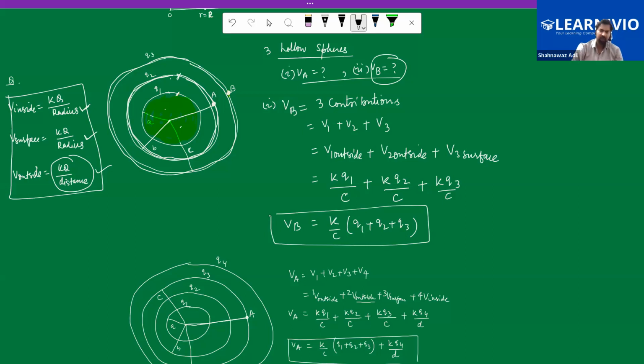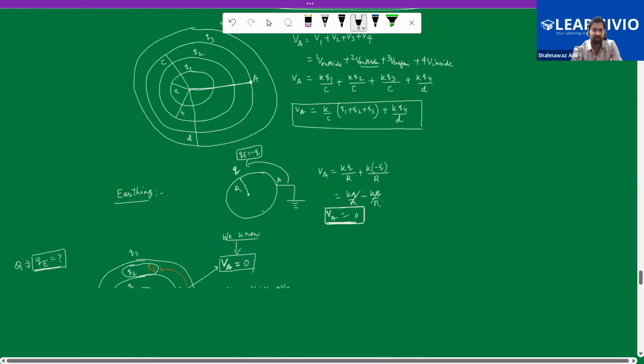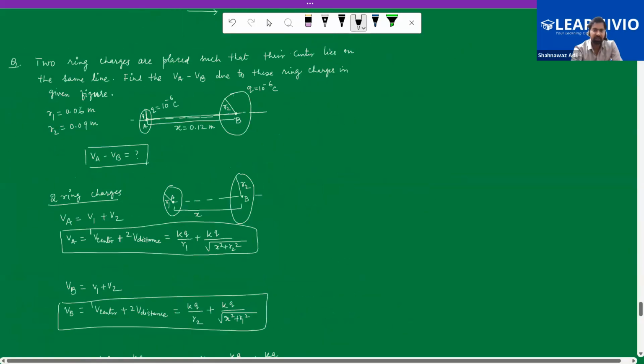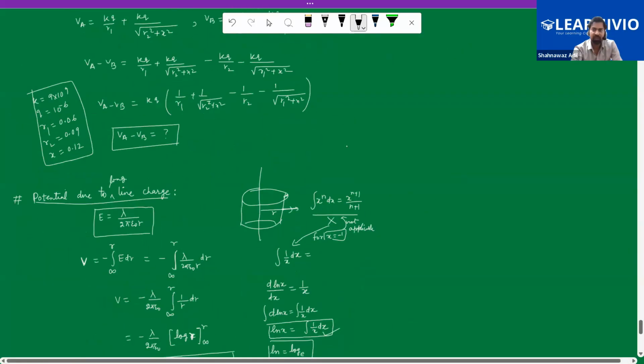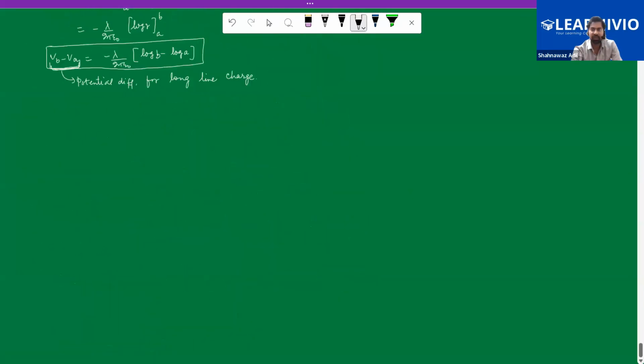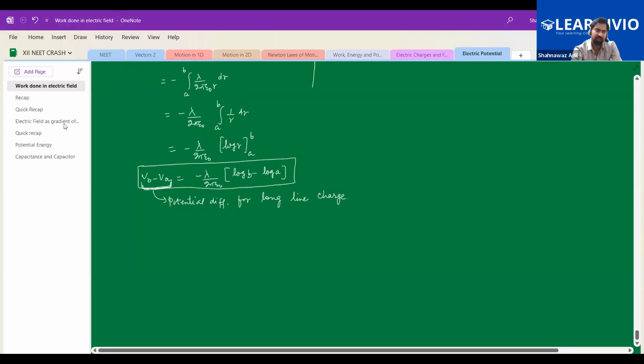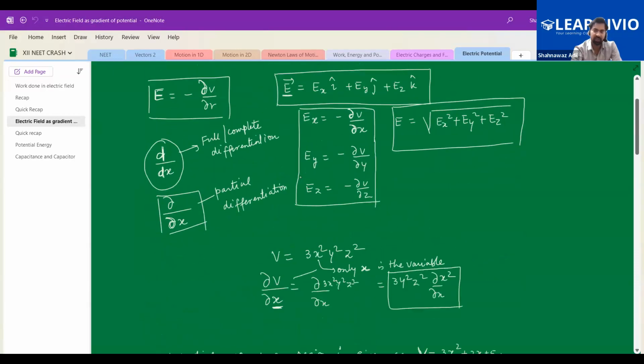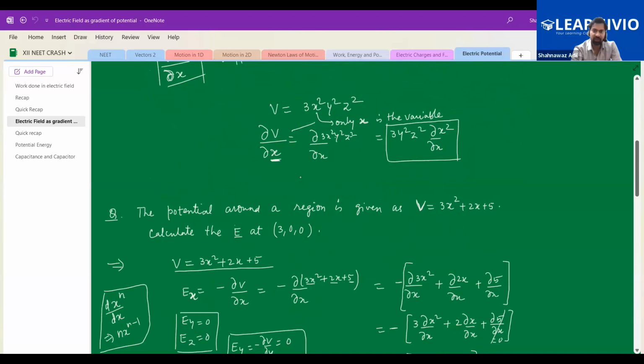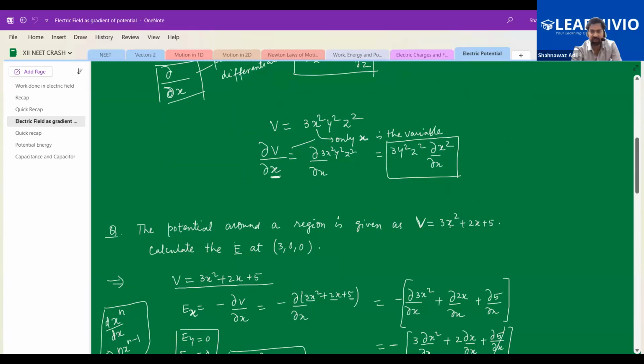Yes, sir. Okay, so this part is completed. And then we have talked about the electric field as gradient of potential, right? So you will have some question like this one. Potential is given, and they are saying calculate the electric field. You have only the X part, so this would be EX only.